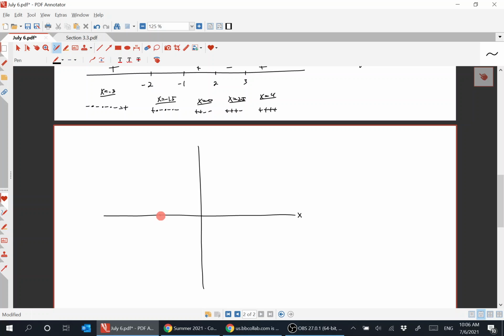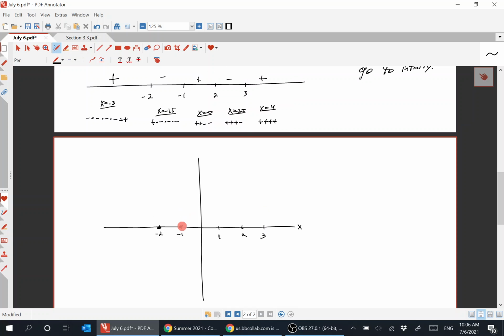So -2, -1, and then 2 and 3. So -2, -1. So the graph goes through this point, -2, -1, and then 2 and 3.